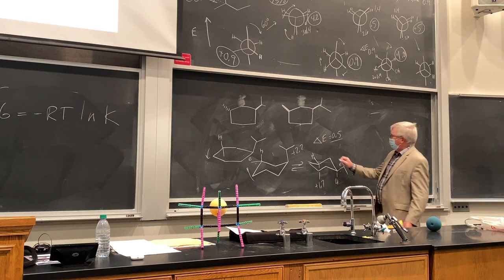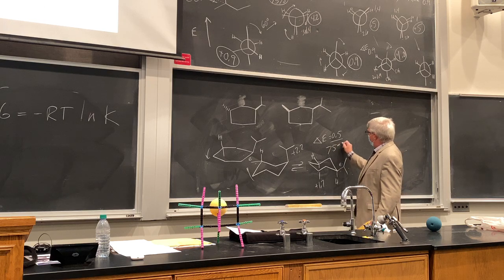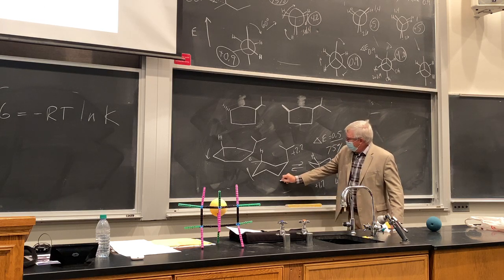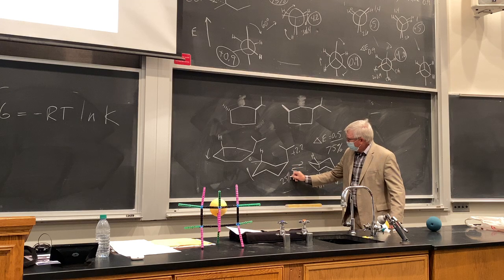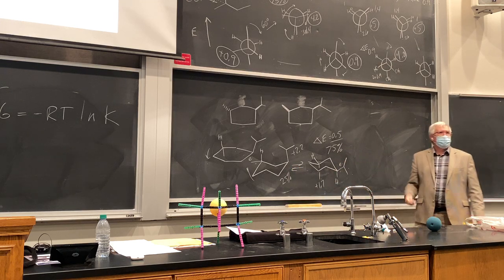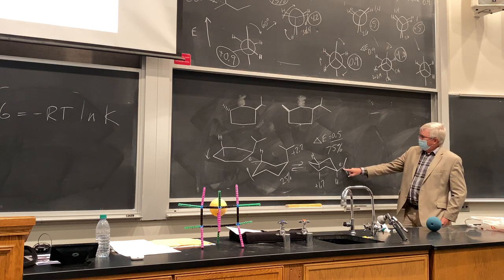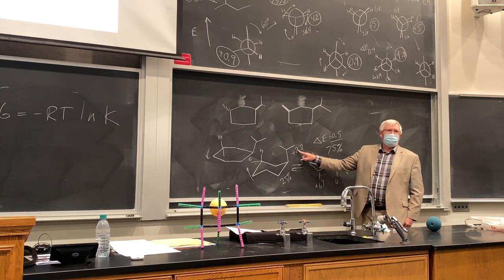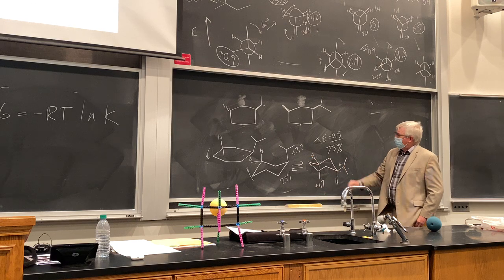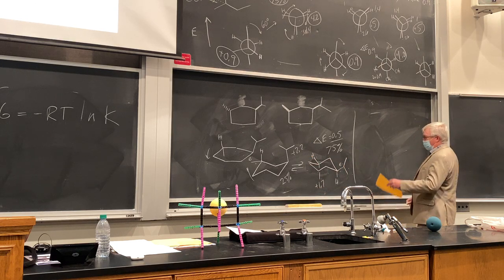I think it turns out to be 75% this one and 25% that one. And again, those numbers, calculations from the Boltzmann distribution, I don't hold you to, but I think you can see the A value difference here, 2.2 versus 1.7. Okay, that's just the trans, right?